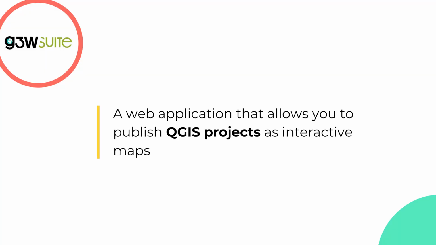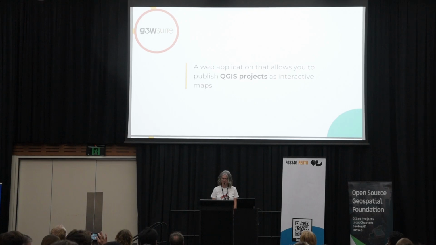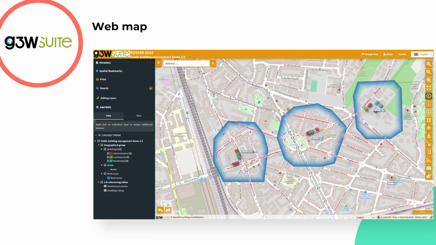G3W Suite is really similar to Lizmap in that you replicate your QGIS projects in the web map. You can push your QGIS project and have it replicated in your web map. It's built on a more modern tech stack than Lizmap, and it's got, I think, a cleaner, more responsive interface. It also has a bit more potential for customization.